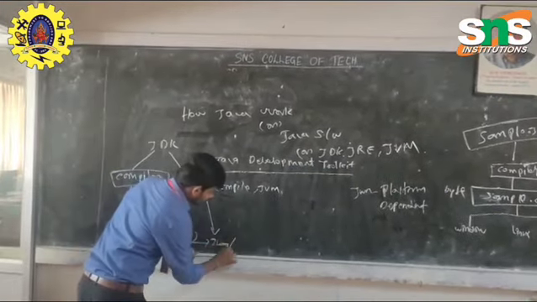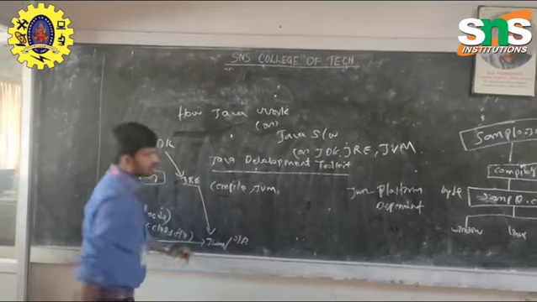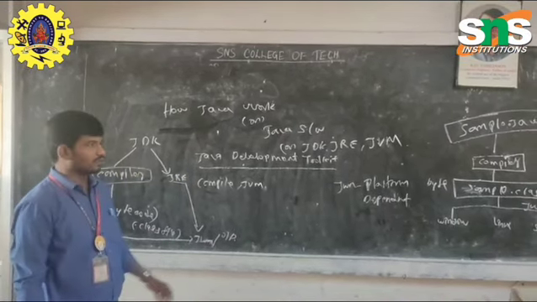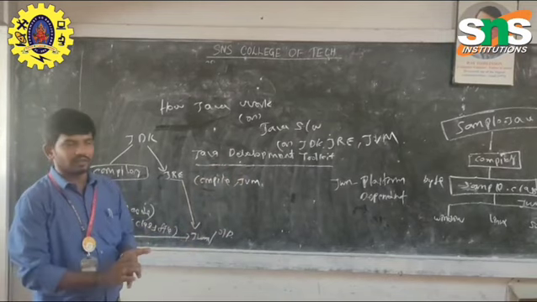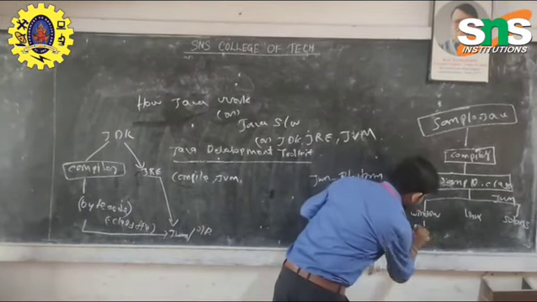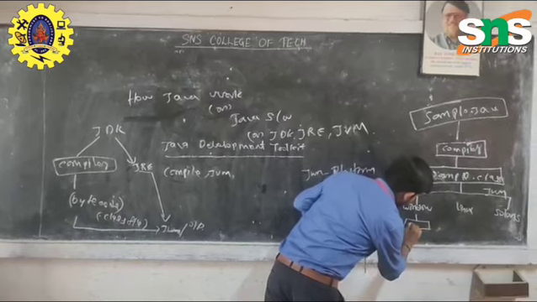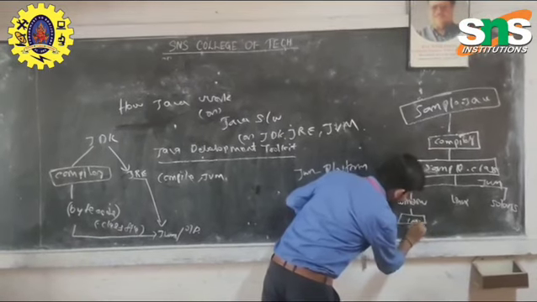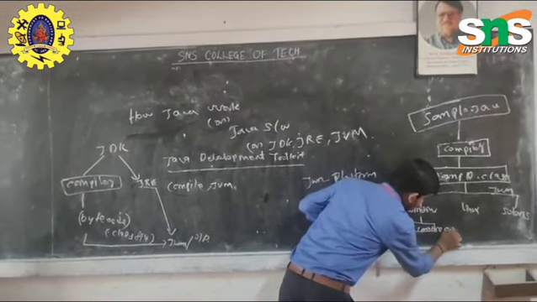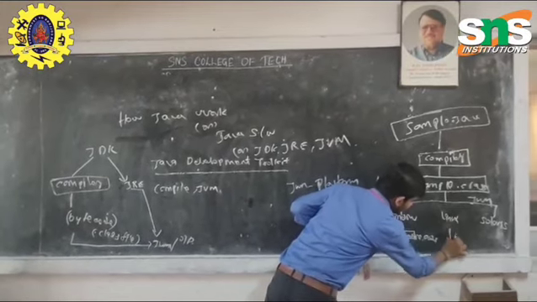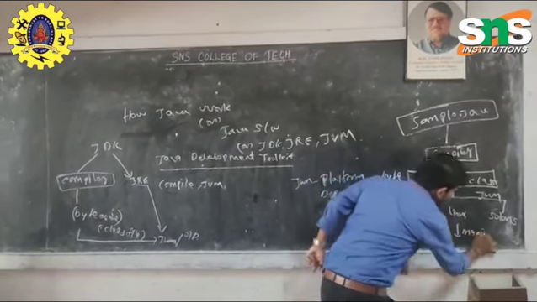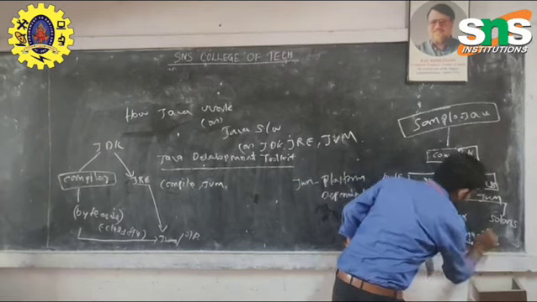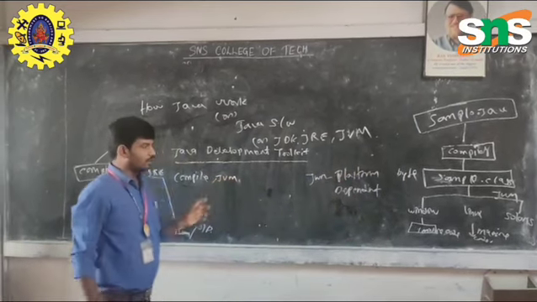So JVM will give the output for a specific program with sample.class files. So the Windows JVM will translate to machine code, and Linux also translates to machine code from bytecode. So bytecode to machine code.